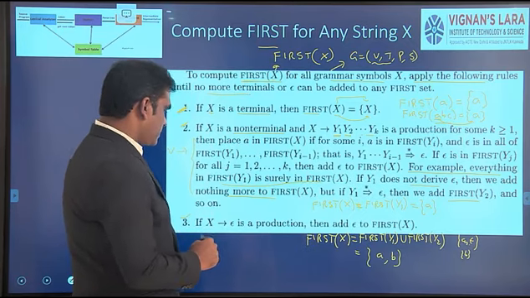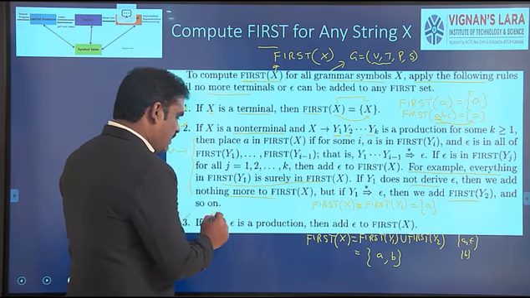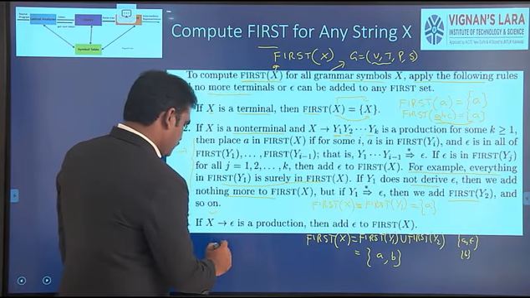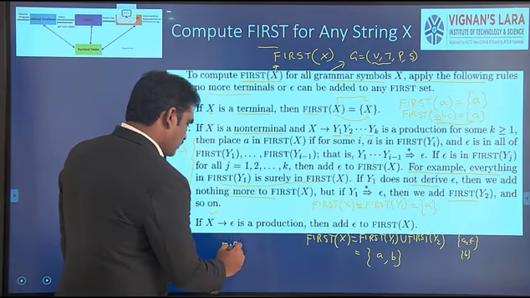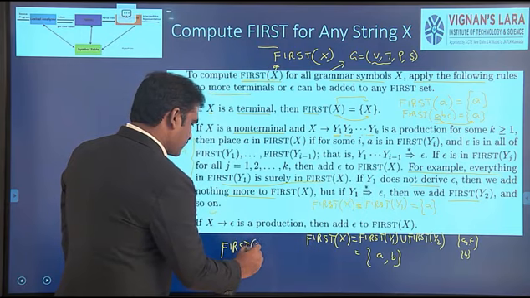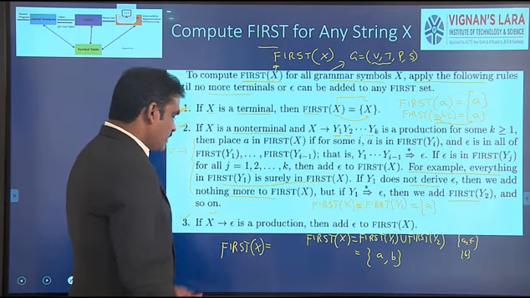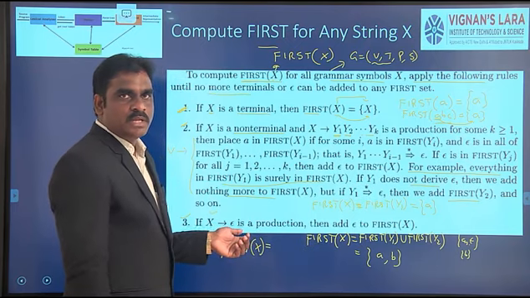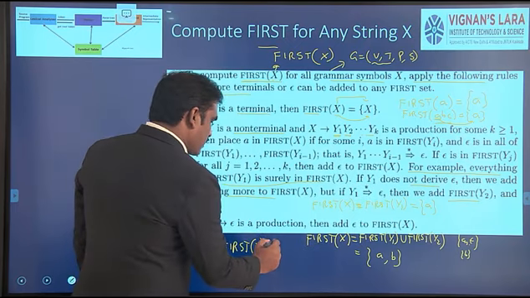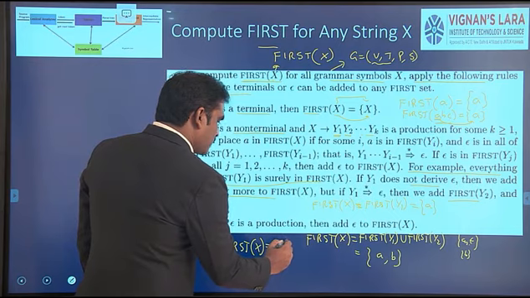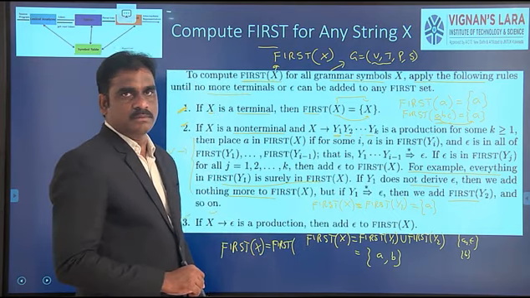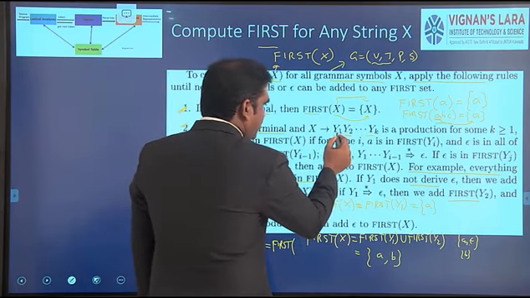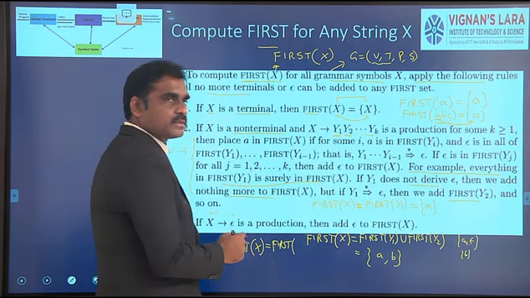And the third point, suppose x is a non-terminal symbol, so find first of x. But here, for this non-terminal symbol, there is epsilon in the production. So as per the rule, first we have to compute the first of the right hand side first symbol, whether it is a terminal or non-terminal, whatever it is.